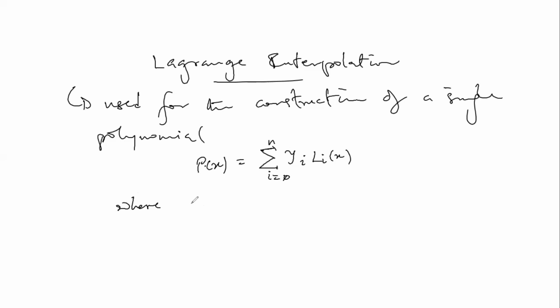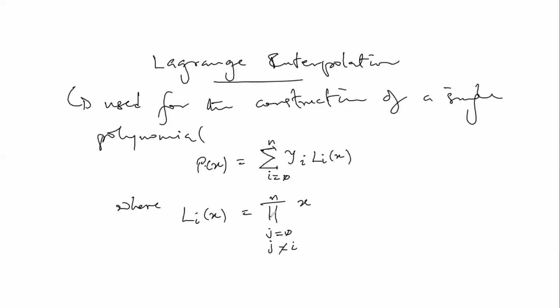And it is represented as L sub i of x being the same as pi, for which j takes on value from 0 to n, and j is not the same as i. Okay, sorry for that.